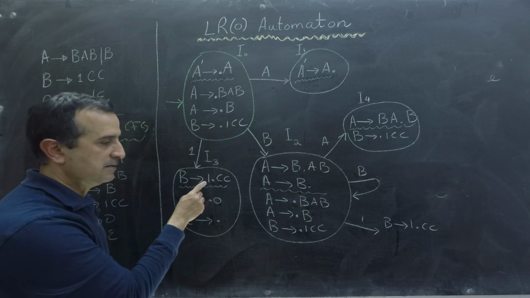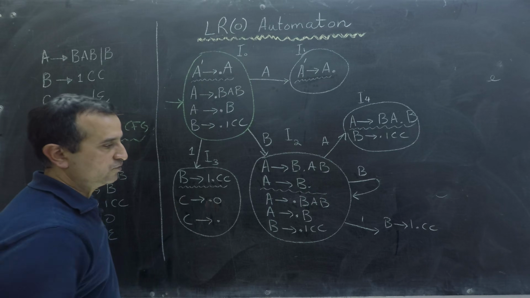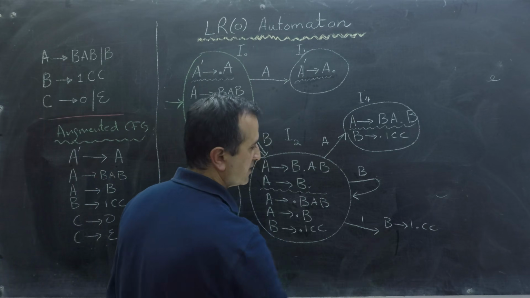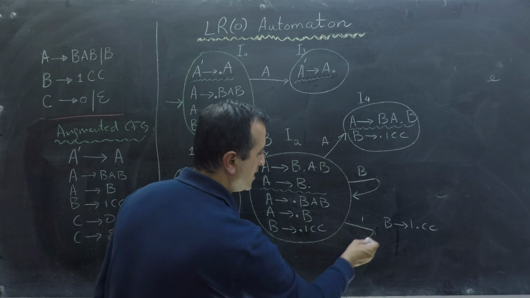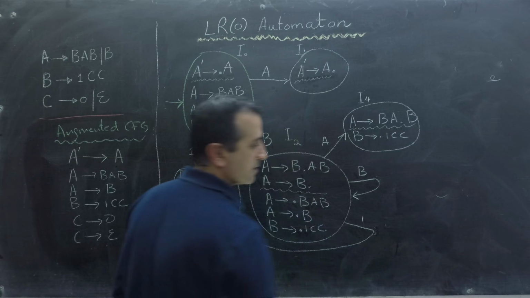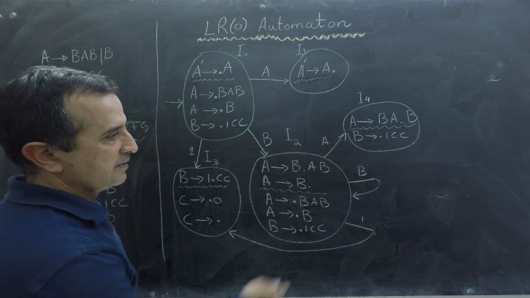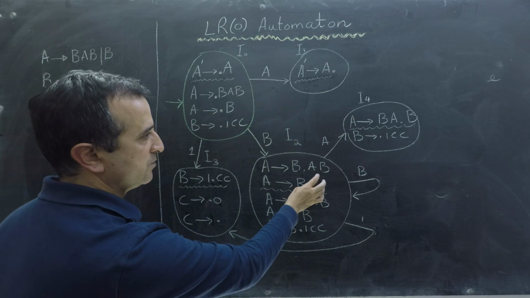And yes, we already have this source item here. So we don't have to create a new state. We simply have to point to that state. So we are done with all the transitions from this state.